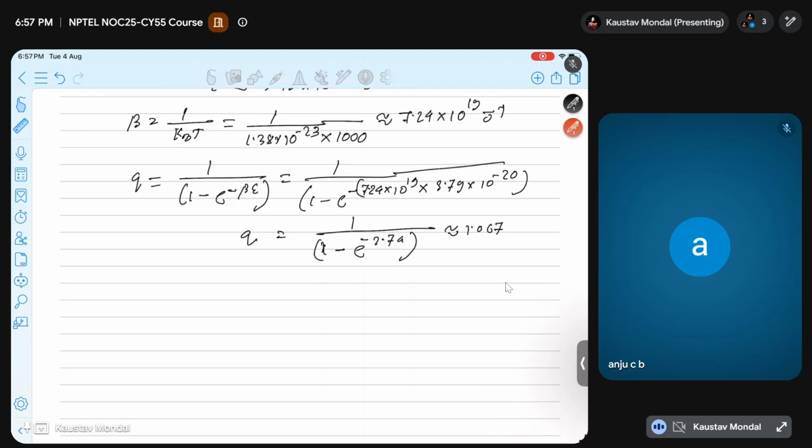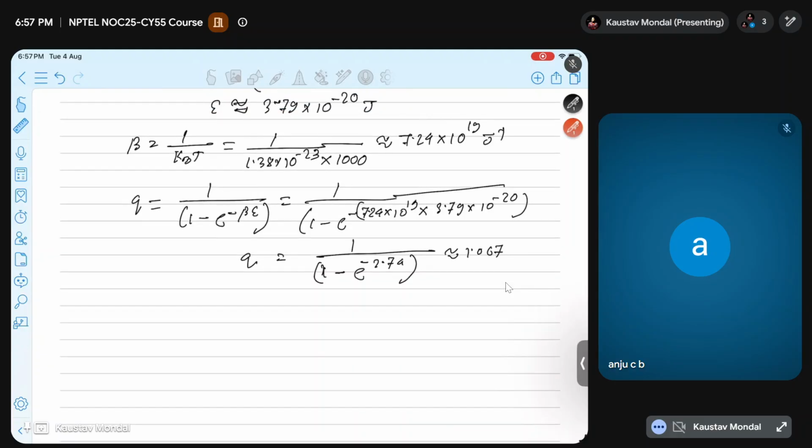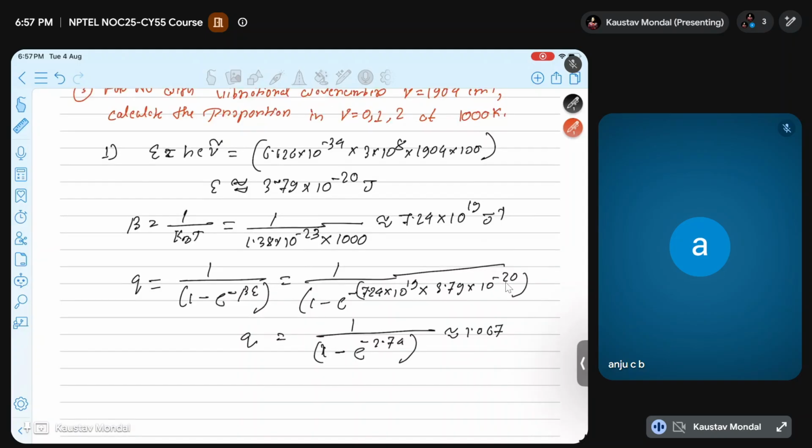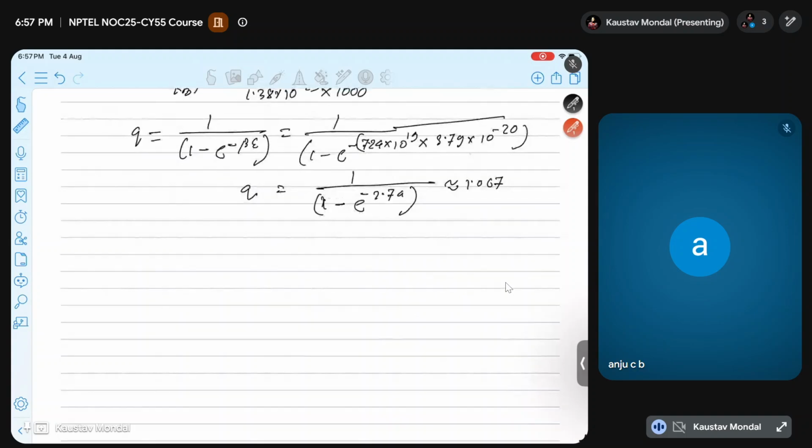From that, first we'll calculate the population in the ground state energy, that is P0. P0 is 1 minus e to the power minus beta e, so 1 minus e to the power minus 2.74, which roughly gives you 0.935.